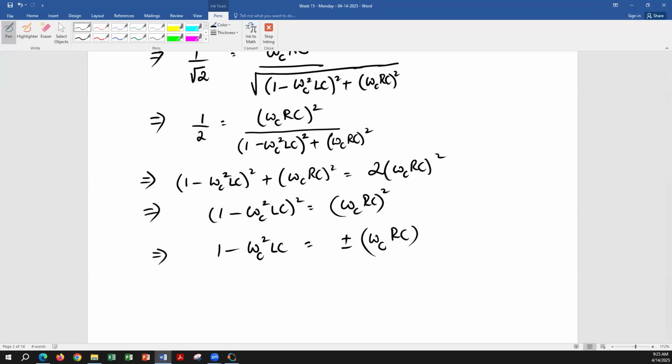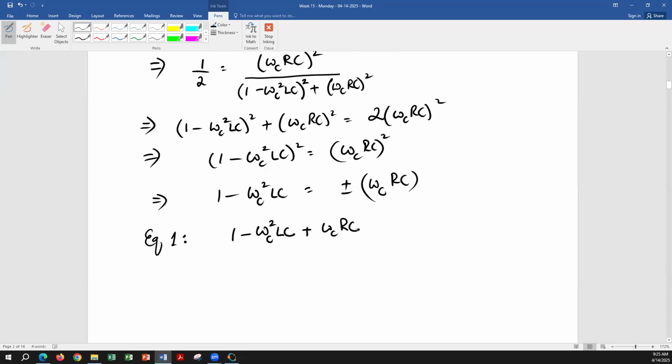So now I can write two equations. Equation 1: 1 minus omega c square LC plus omega c RC equals 0.